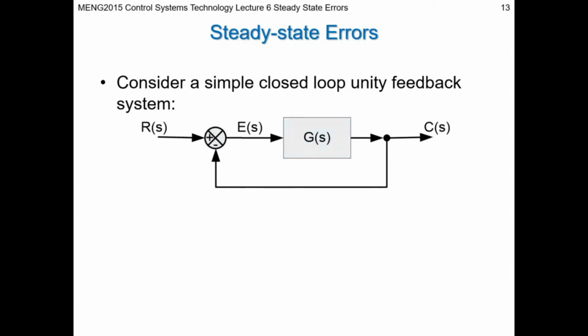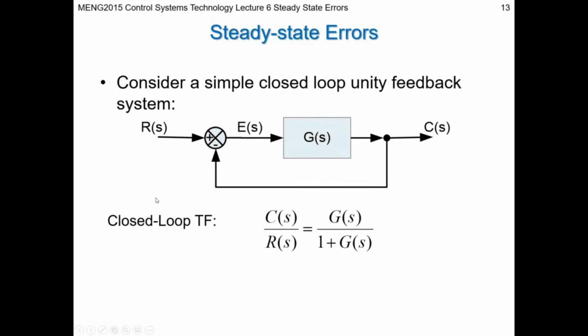We're going to look at steady state errors now. So let's consider a simple closed loop feedback system, and you notice there's no H term here, so there's no K term, so it's really straightforward. It's a unity feedback, unity gain system. That's what we call this one. And what's our closed loop transfer function?